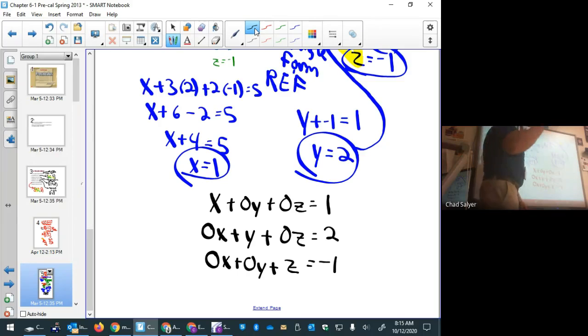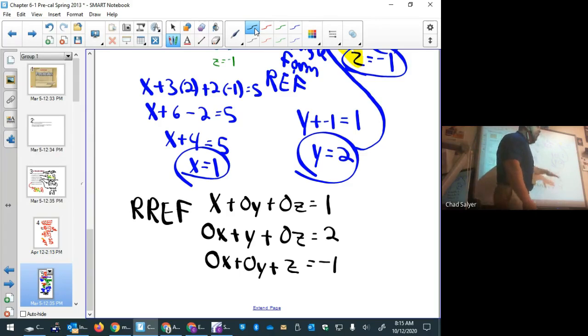Now, do you see how this is analogous once we've solved it to REF? 1's on the main diagonal, 0's both above and below. So this is what's going on in the background when we hit the REF button. This algebra. You can also describe it with row operations.